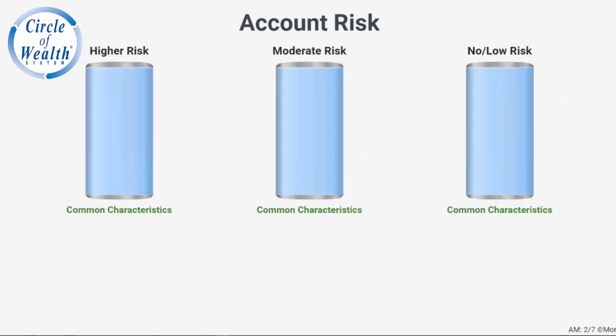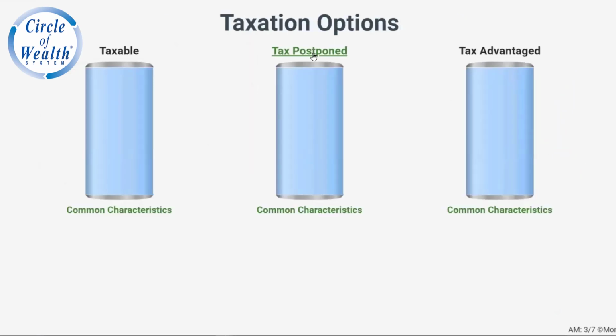All right. A lot of people don't understand the basics of these 3 tanks. They don't understand that they've got money that is either in taxable accounts, tax postponed accounts, or tax advantaged accounts. Those are the 3 places they can have money.